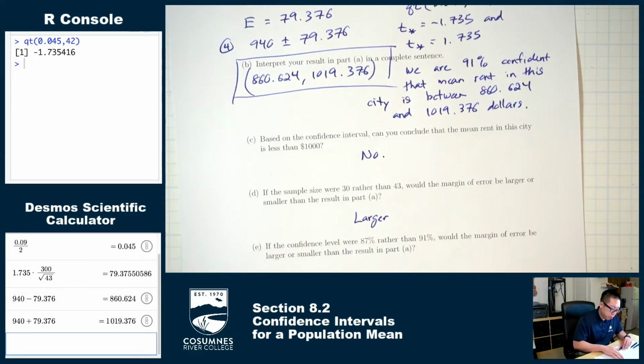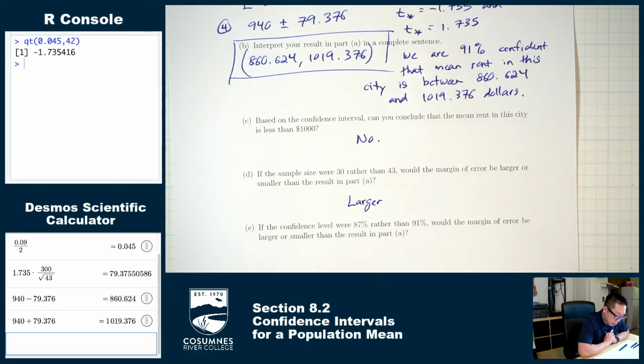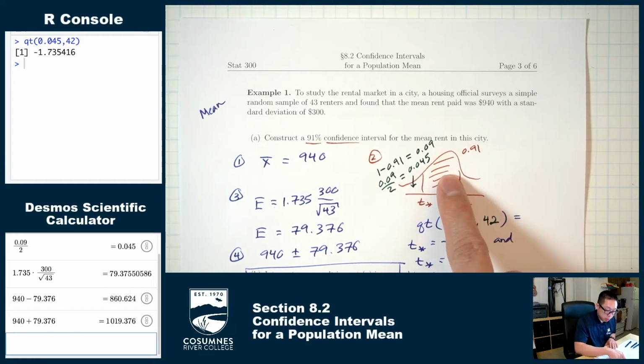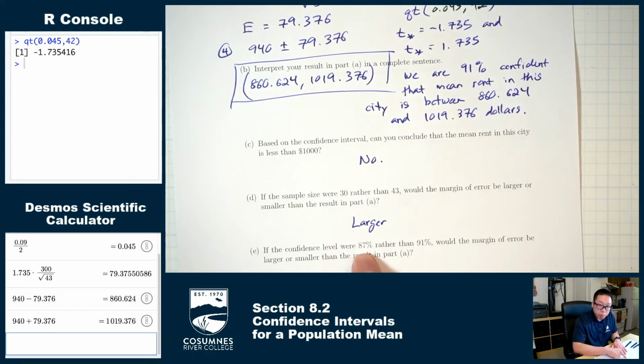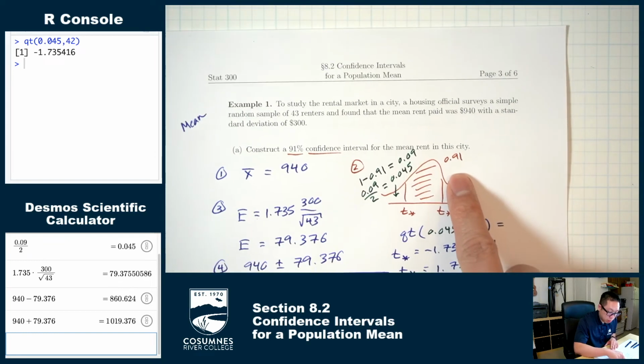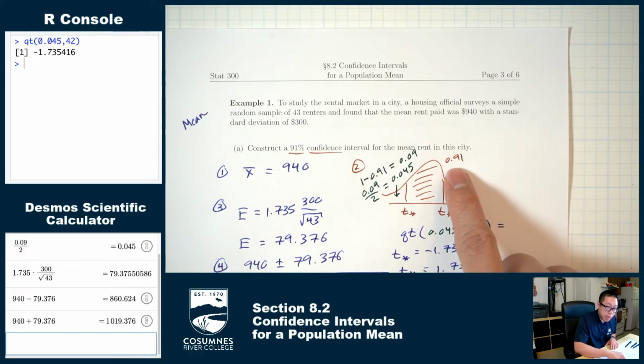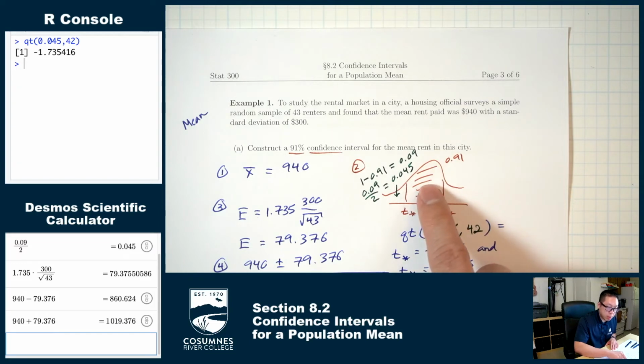So larger. Part E, if the confidence level were 87% rather than 91%, would the margin of error be larger or smaller? Confidence level has to do with this picture. Okay, currently it's 0.91. If it were 87%, if it were 0.87, what happens? So 0.87 would be a smaller confidence level, which means the area would be smaller.